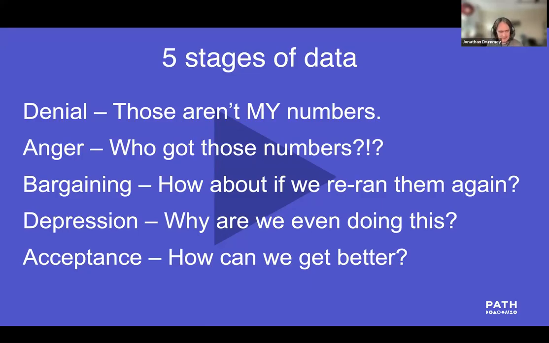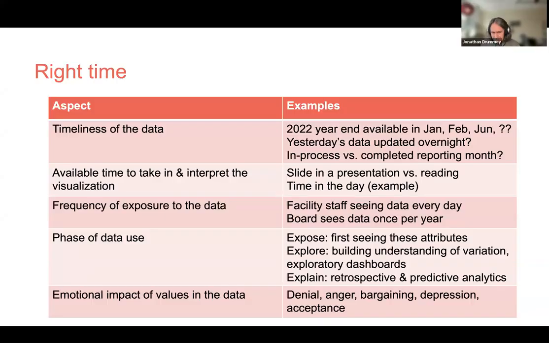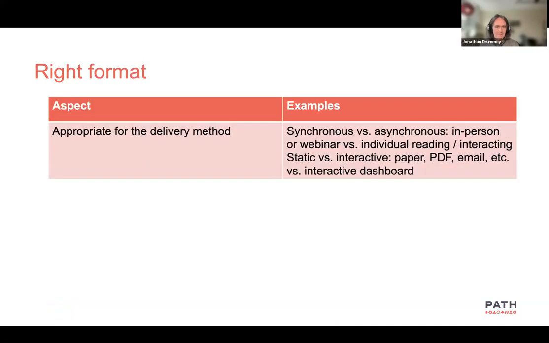So they were totally in denial about that. And being able to recognize that, I could listen to them and then move on and include the numbers because they were real and things we cared about. So that's right time. Now let's talk about right format.